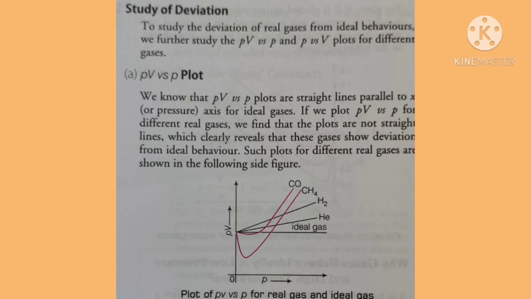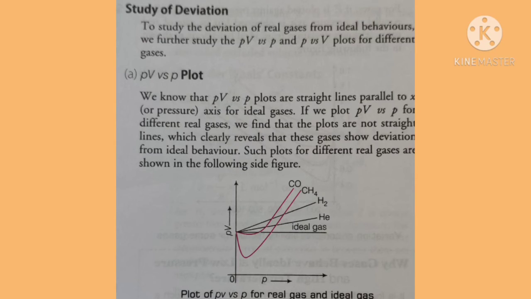Now first we will study the PV versus P plot. We know that PV versus P plots are straight lines parallel to the X or pressure axis for ideal gases. If we plot PV versus P for different real gases, we find that the plots are not straight lines, which clearly reveals that these gases show deviation from ideal behavior.